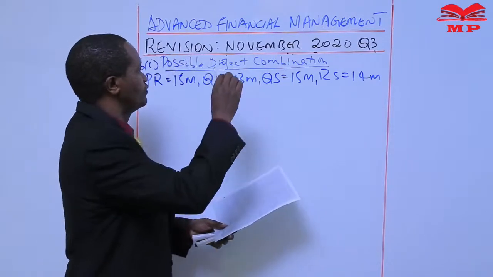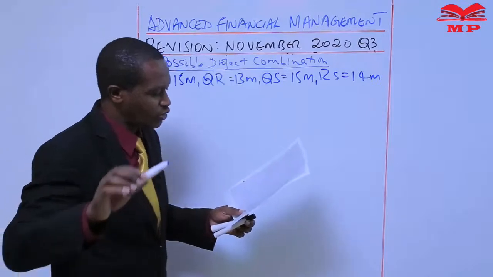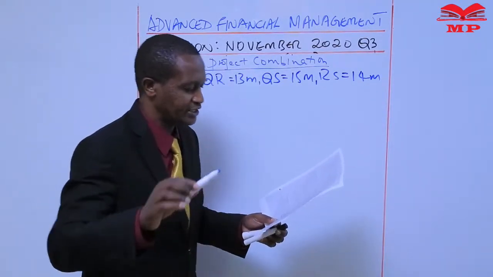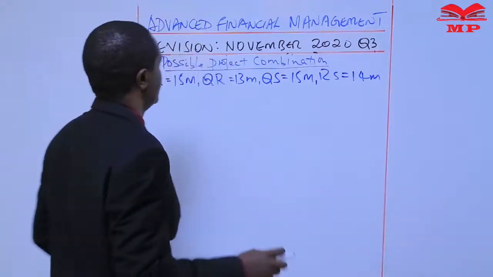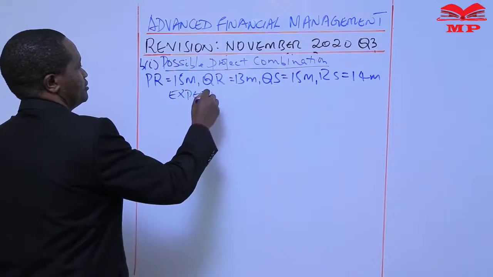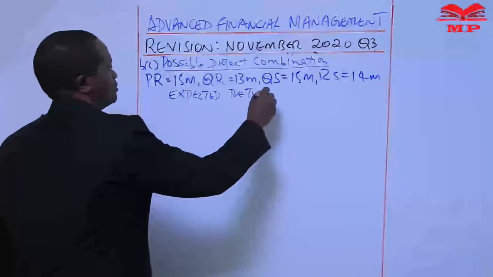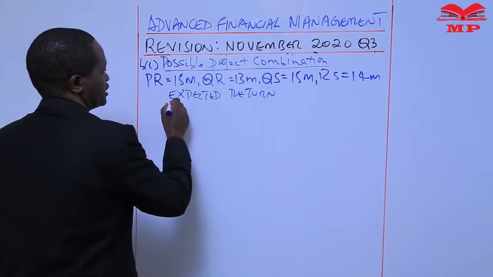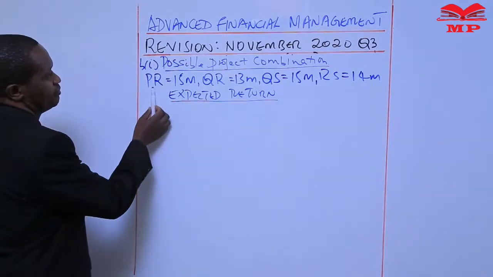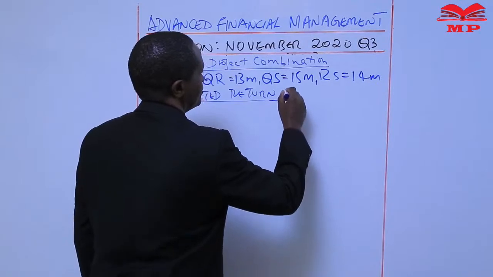It's on the basis of these possible project combinations that we can now go ahead and calculate the expected return. We'll first start with the expected return for the first possible project combination, PR.